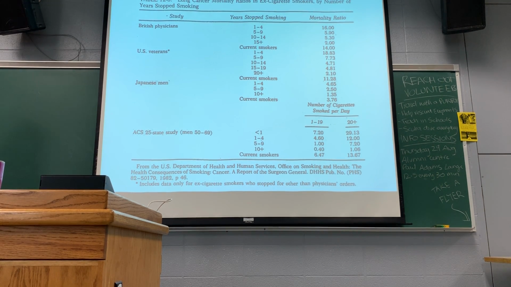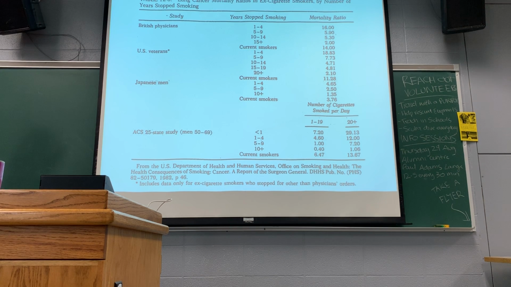And the good news about stopping smoking, here's the little bit of glimmer of hope. This was an American Cancer Society study, looking at people that had smoked either 1 to 19 cigarettes a day or 20 plus cigarettes a day, and comparing their mortality ratio of lung cancer to current smokers.